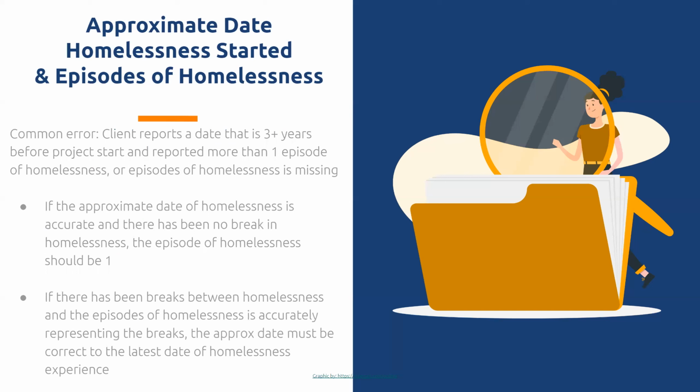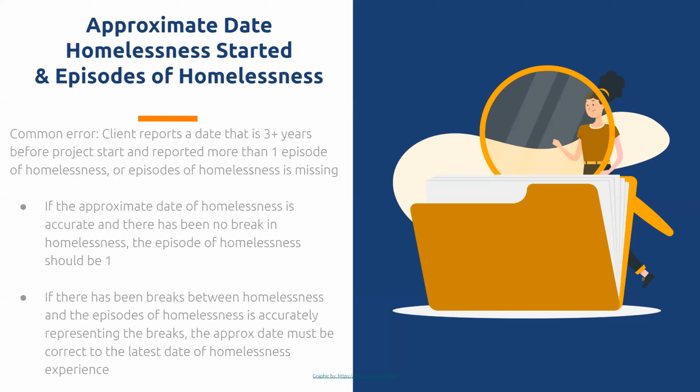A common error that we see is client reports a date that is 3+ years before the project start and reported more than one episode of homelessness, or the episodes of homelessness is missing. If the approximate date of homelessness is accurate, there should be no break in homelessness.